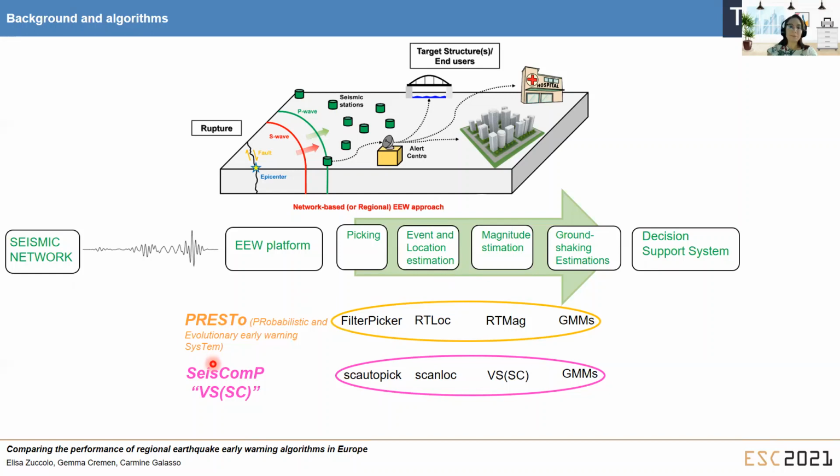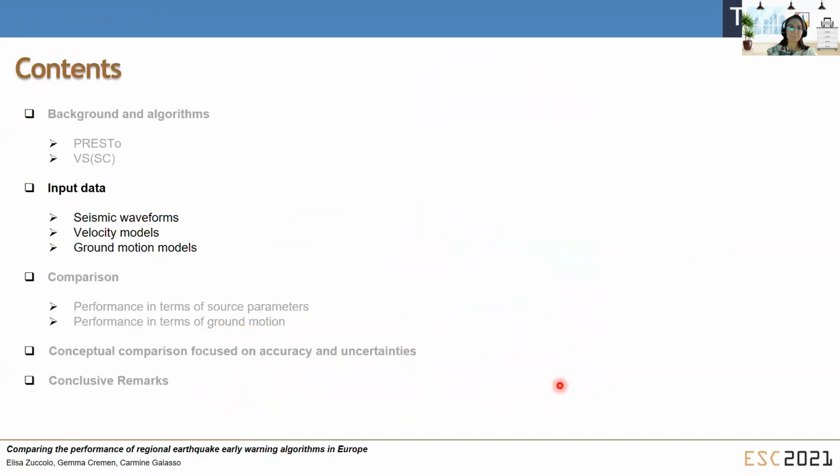We decided to use SeisComP with the modules listed in this slide, which I refer to for simplicity as VS in SeisComP, even if, strictly speaking, VS in SeisComP, which stands for Virtual Seismologist in SeisComP, is just the module for early magnitude evaluation that we used jointly with the commercial module scanloc for locating events. In both cases, PRESTo and VS in SeisComP, we computed the expected ground shaking through ground motion models.